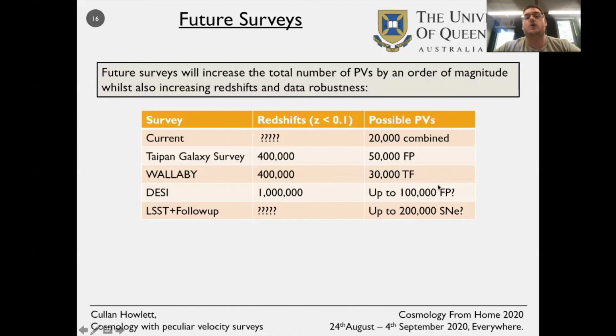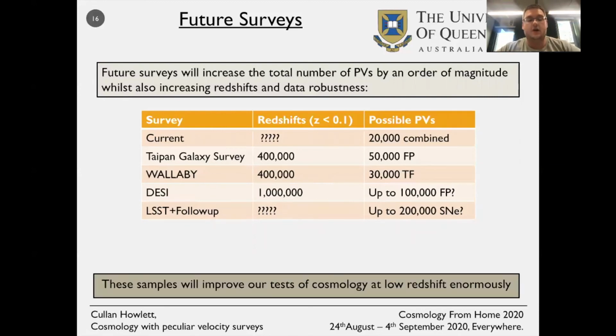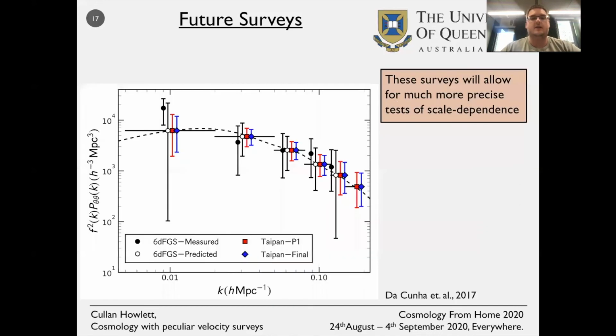And DESI could also get some fundamental plane objects. That's still open for discussion and something that we're working towards. And LSST could possibly get up to 200,000 supernovae at low redshift as well, if the follow-up campaigns can be put in action. So these samples are really going to improve our test of cosmology at low redshift enormously.